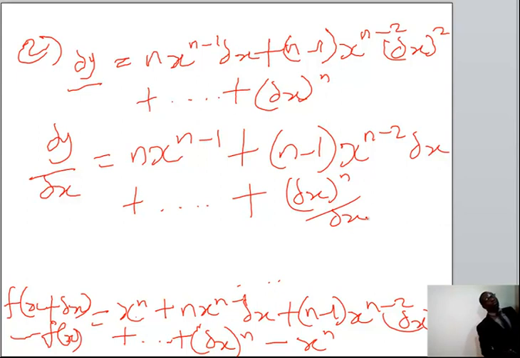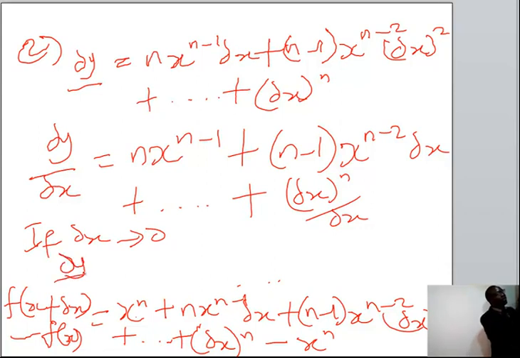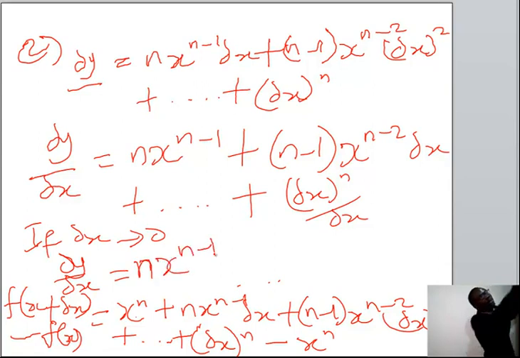Now if dx tends to 0 at this point in time, we have here dy/dx equals n x raised to power n minus 1. The dx tends to 0 here, multiplied by all this will be 0, and this one to 0.